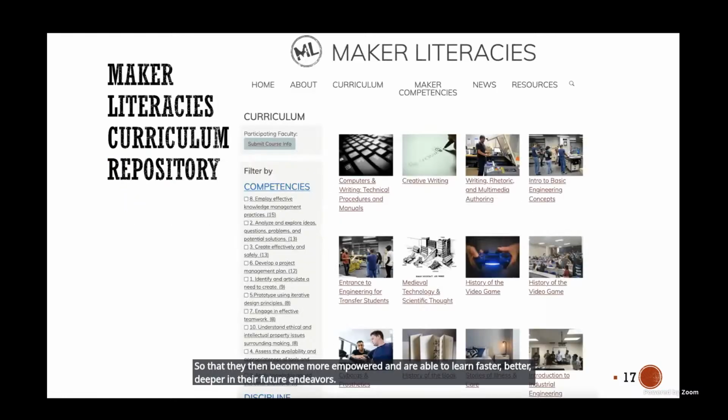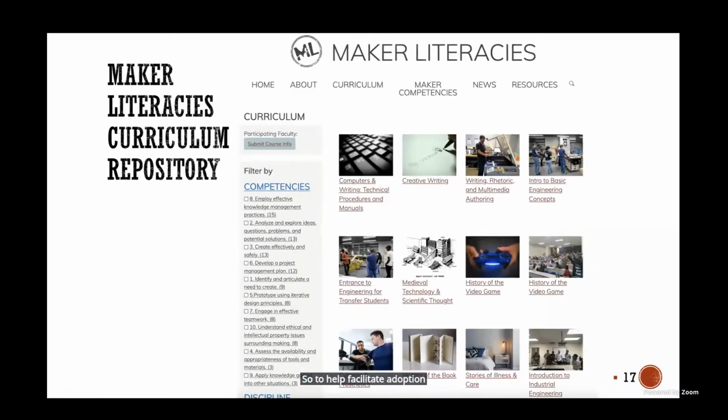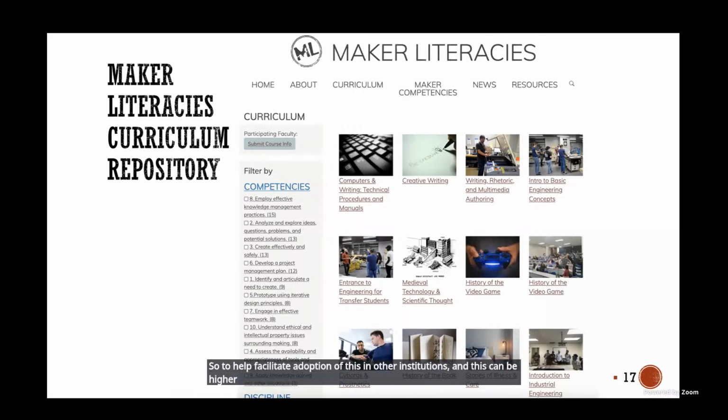So to help facilitate adoption of this in other institutions, and this can be higher education, K-12, this could be done for workshops that are outside of formal education, if you're wanting to focus on assessing the type of learning that is happening.